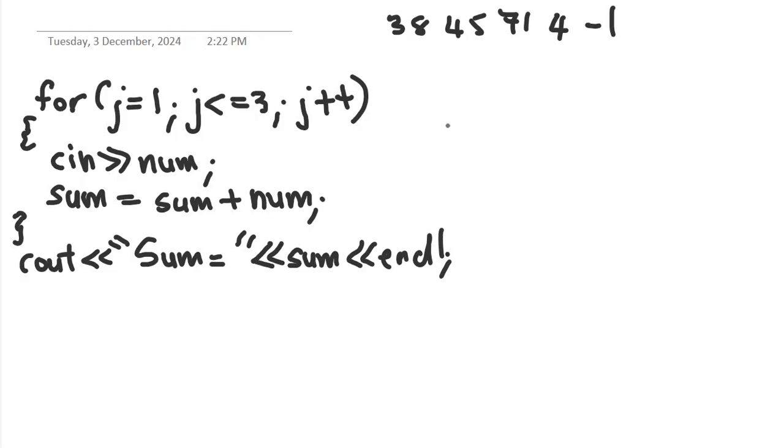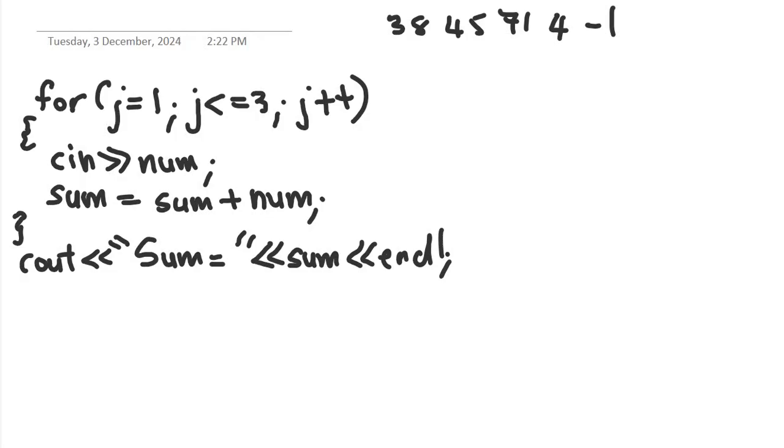To do the tracing, let's create a table. First we have to identify the variables that should be put in the tracing table: J, and then the condition for J, which is J less than or equal to 3, and then num and sum, and then the output.